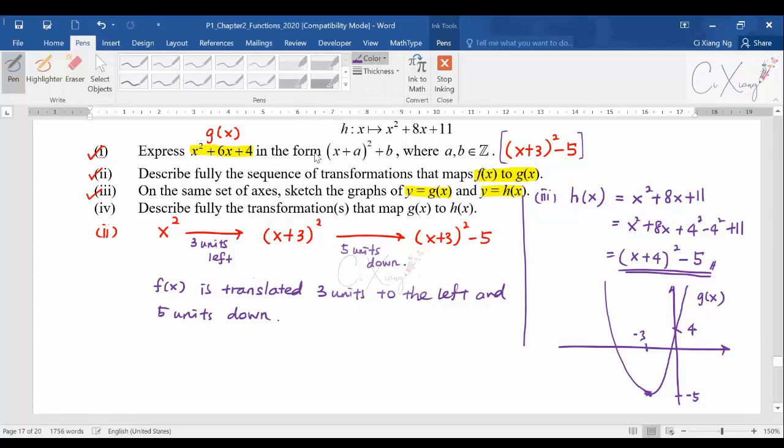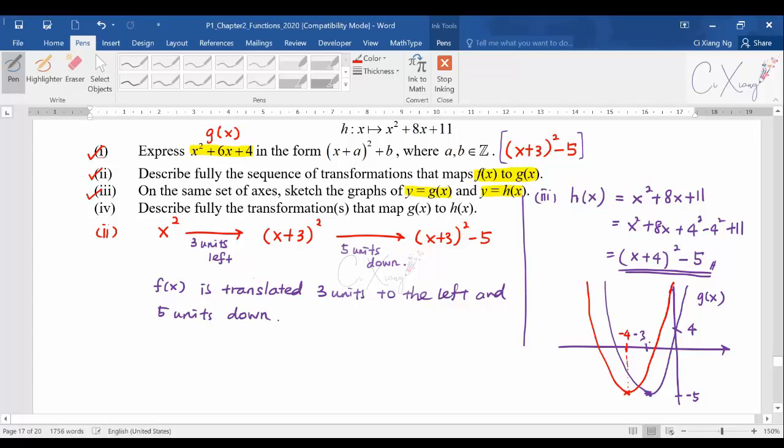Okay, so now if I want to label or maybe sketch hx. So where is hx? The minimum point will be at negative 4 and negative 5. So assume that this is negative 4 and this is negative 5. So this is the minimum point that I have. All right, so you can try to sketch it also. It is still a U shape and the shape should be similar to what we have.